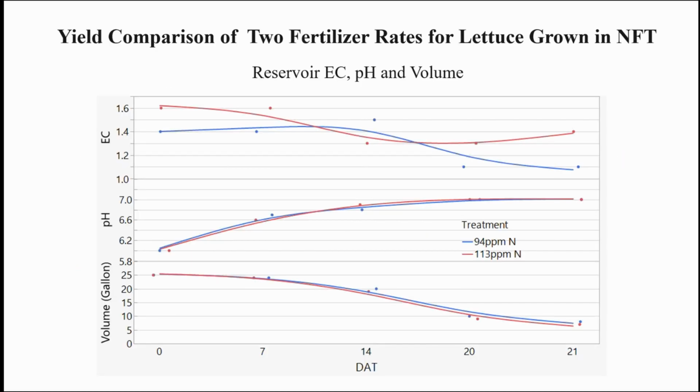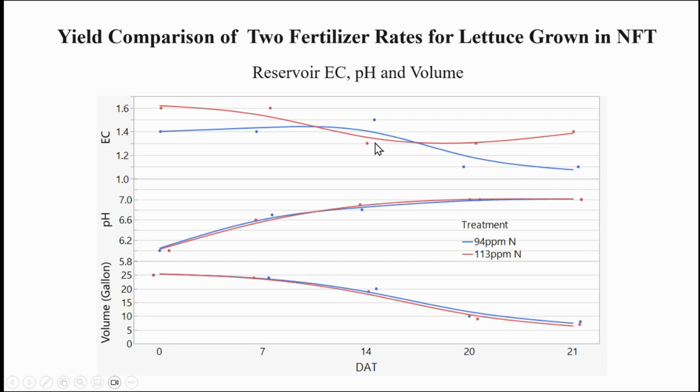So here are the EC, pH, and volume changes along the study. You can tell the EC, the pH, and volume basically follow the same trend. However, for EC, initially the 94 ppm nitrogen is lower compared to the control, the 113 ppm nitrogen. And after 20 or 21 days, it's also lower.